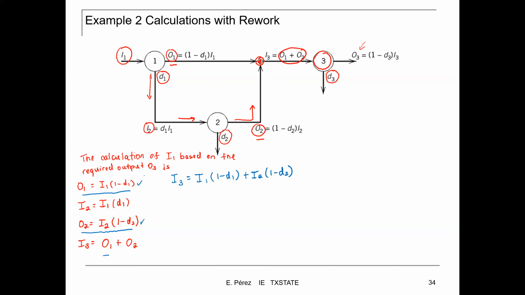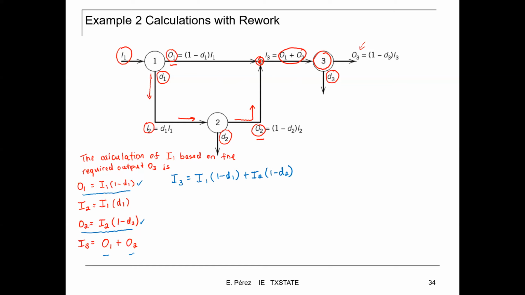I'm just substituting those two expressions into I3. So what I'm trying to do here is generate an expression that will limit the number of unknowns, right? So at the end, I will have an expression where I can substitute the information that is known, and we will be able to compute the value for I1.